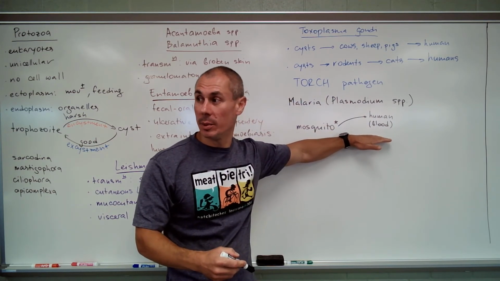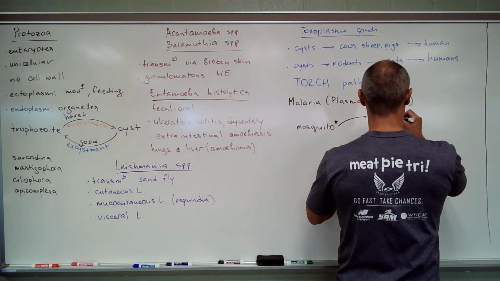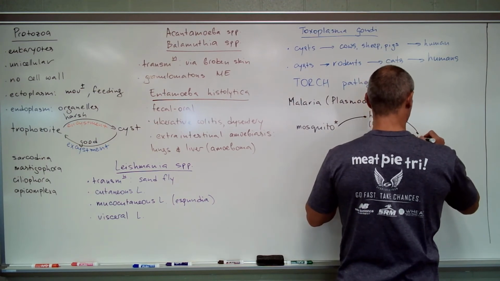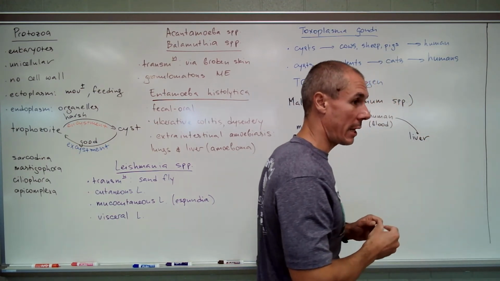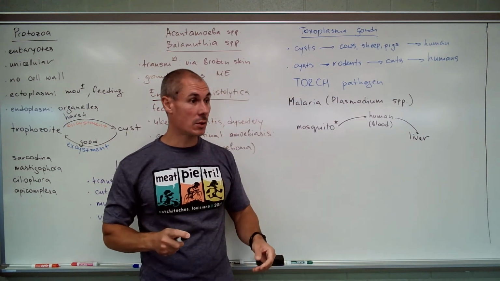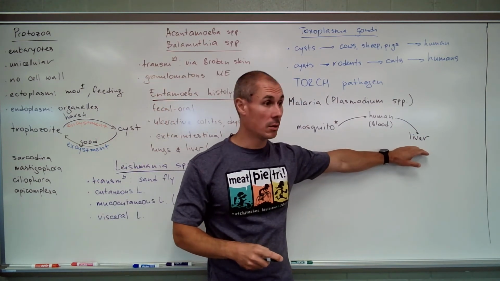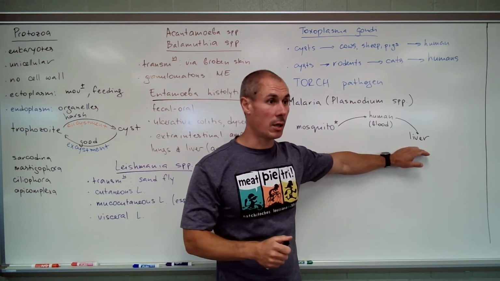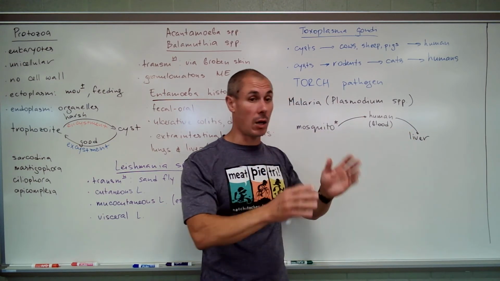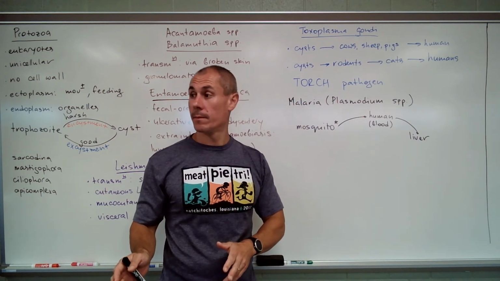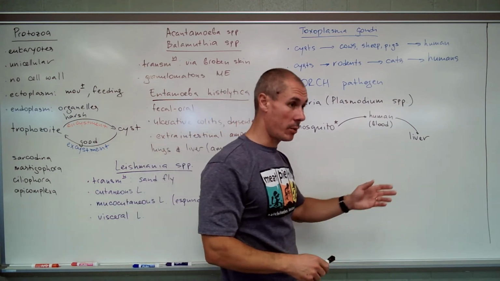It doesn't stay in the blood. It immediately jumps into the liver. Okay? Does that make sense? Once it's in the liver, it is very hard to get Plasmodium out of the liver completely. Are we clear?